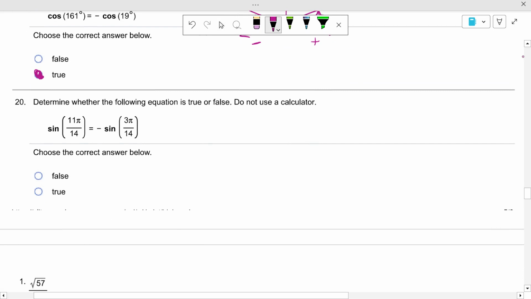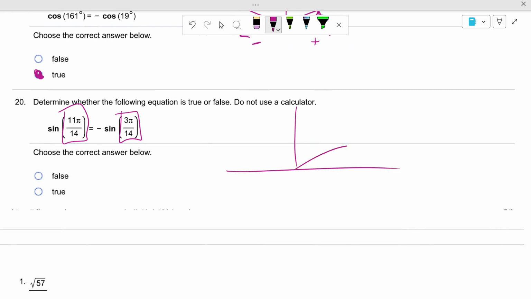Okay. Here, 3 pi over 14 and 11 pi over 14 are both 3 pi over 14 above the x-axis. Okay? Because if you go 11 pi over 14, you're still 3 pi over 14 away from 1 pi. So you're still there.